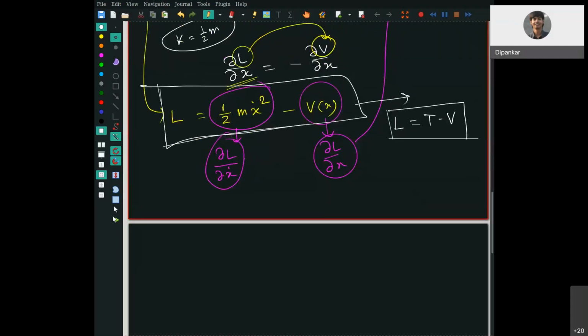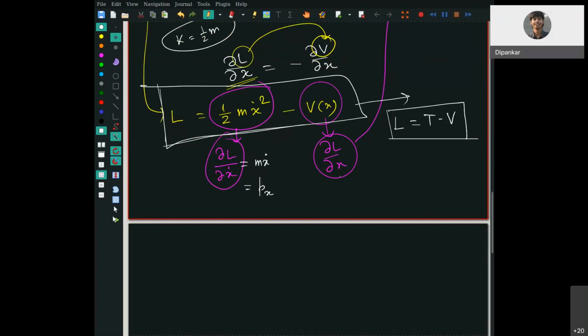So actually there is more to Lagrange's equation than just merely connecting with Newton's second law. So del L del x dot, if you calculate, comes out to be m x dot, which is basically the momentum in the x direction.